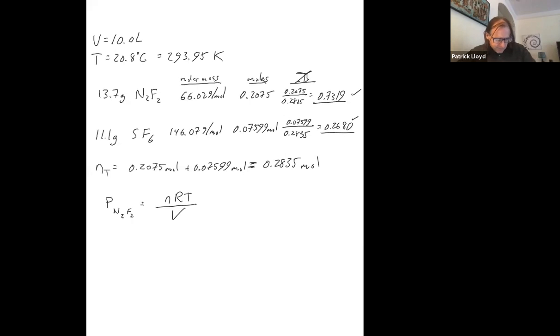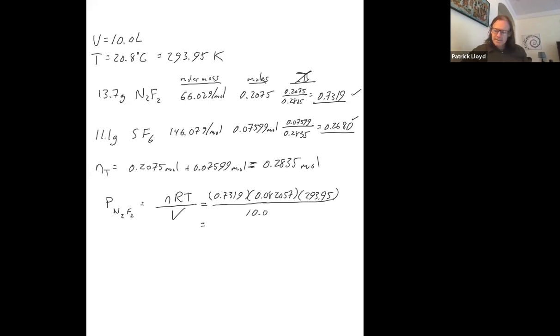So the partial pressure of N2F2 would be nRT over V. So let's put in our 0.7319. I'm not going to do the dimensional analysis. I'll leave that for you. And then our temperature was 293.95, and our volume was 10.0.